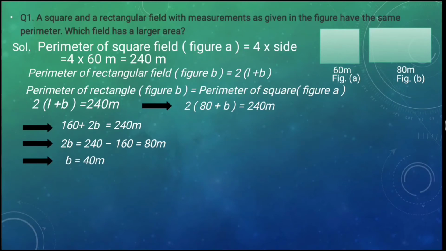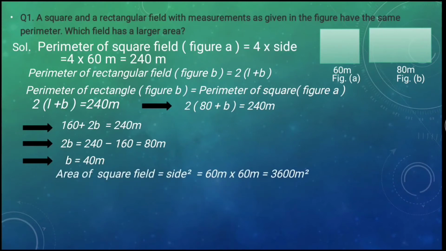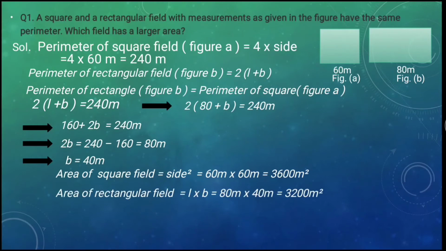Understood? Now we got the breadth, so we can find the area easily. First of all, let's find the area of the square field. Area of a square is side square, so the area will be 60 meter into 60 meter, that is 3600 meter square. Then the area of the rectangular field is equal to length into breadth, 80 meter, that is given here, and 40 meter we have got.